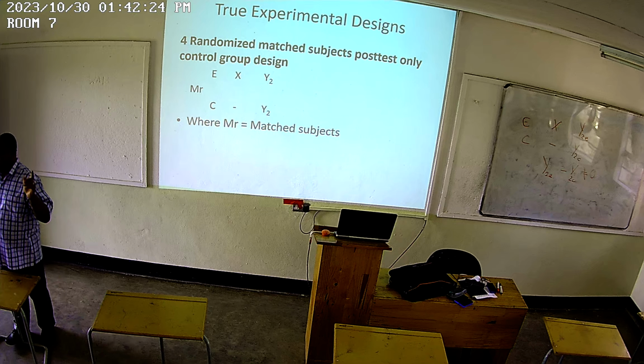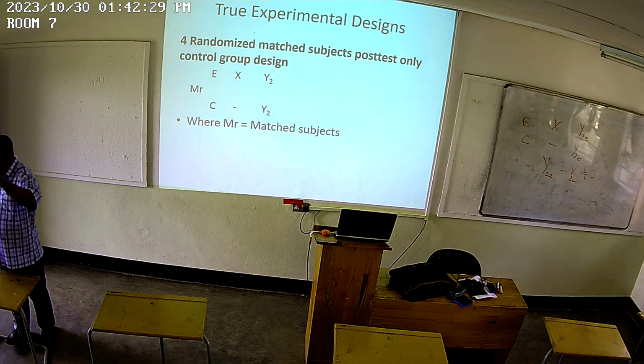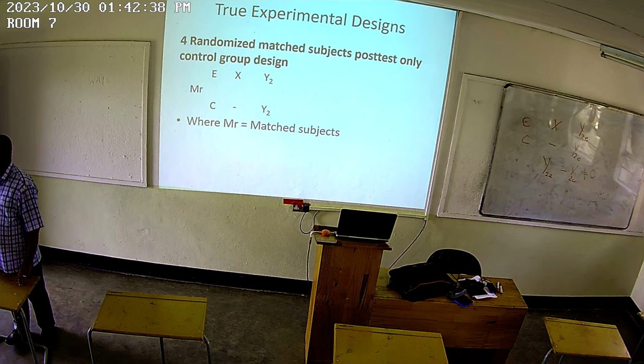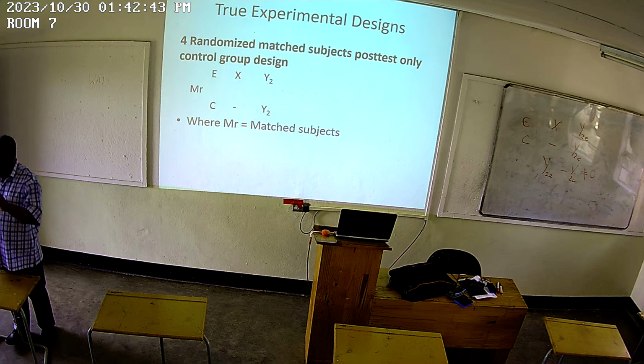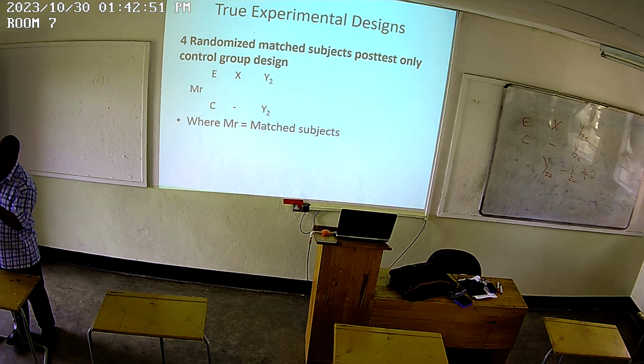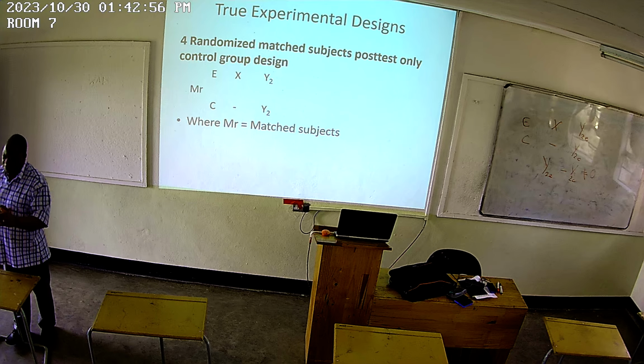Let me list them according to their performance in income. So number 1, high income, then 2, 3, 4, 5, down to the lowest income. Before you assign them, you match number 1 and number 2, because these are close together, performing equally in terms of making income. Then 3 and 4, 5 and 6, 7 and 8, you match them.